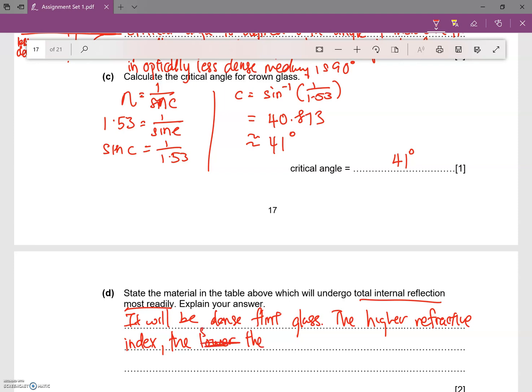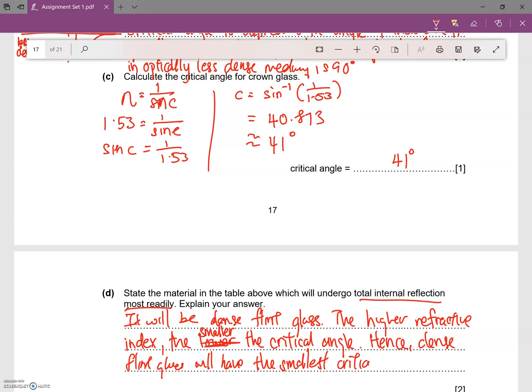Hence, dense flint glass will have the smallest critical angle. Hence, total internal reflection will occur more readily.